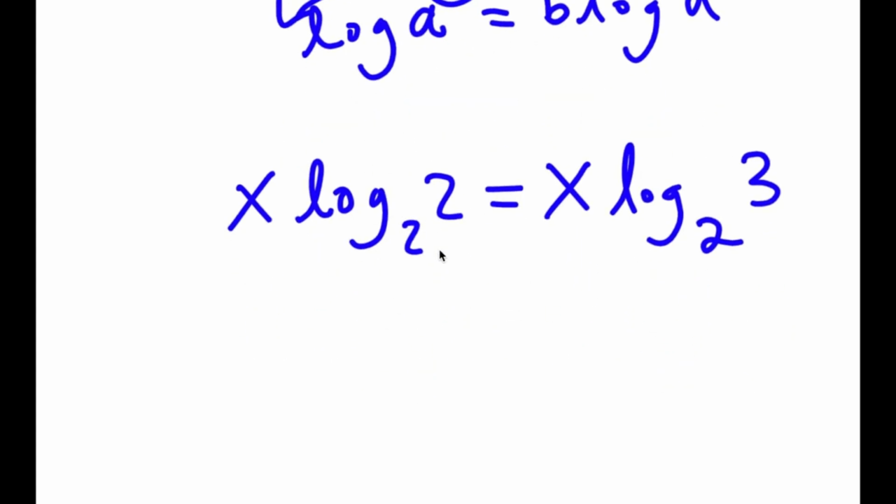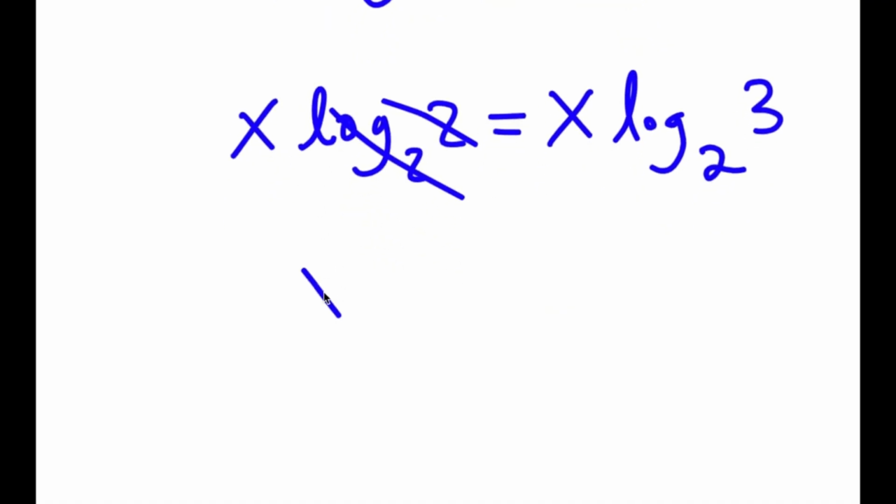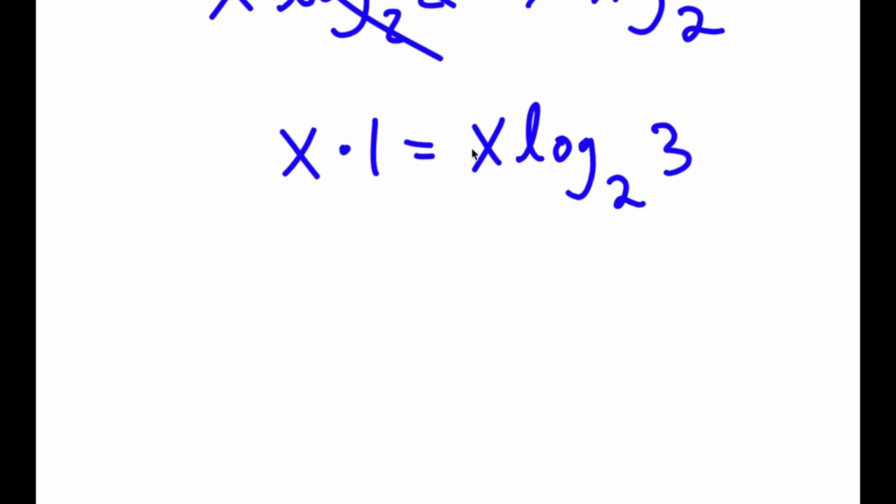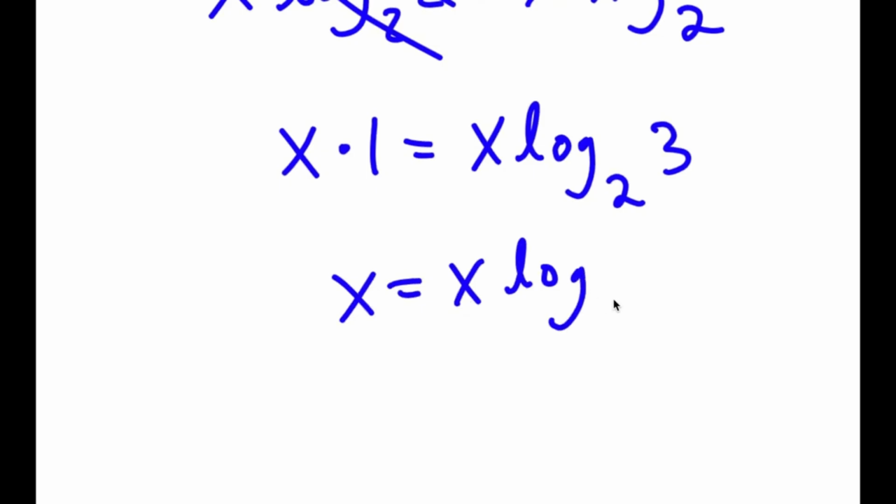So log base 2 of 2, these two cancel out, so I'm simply left with x times 1 is equal to x times log base 2 of 3. And x times 1 is simply x, so I get x is equal to x times log base 2 of 3.